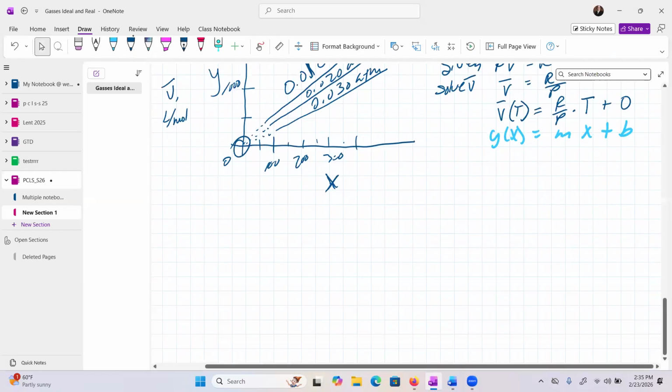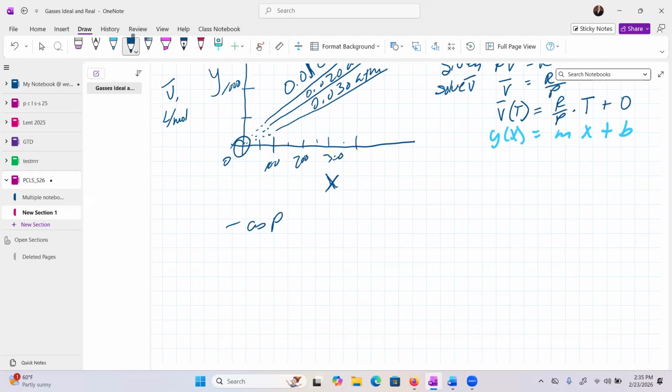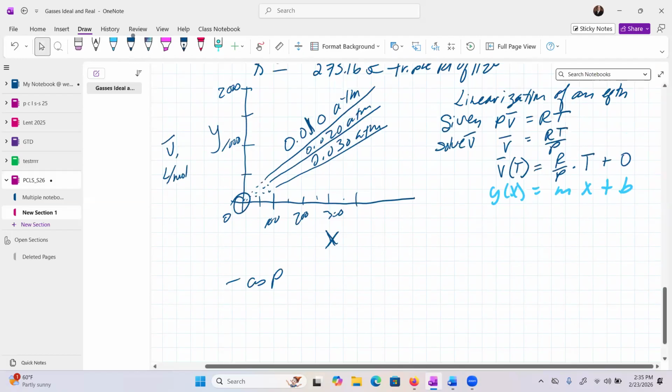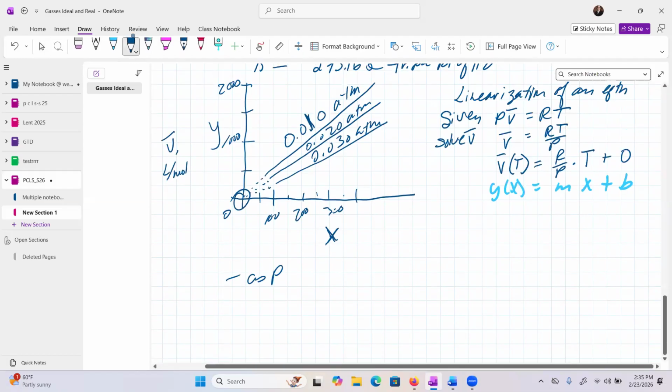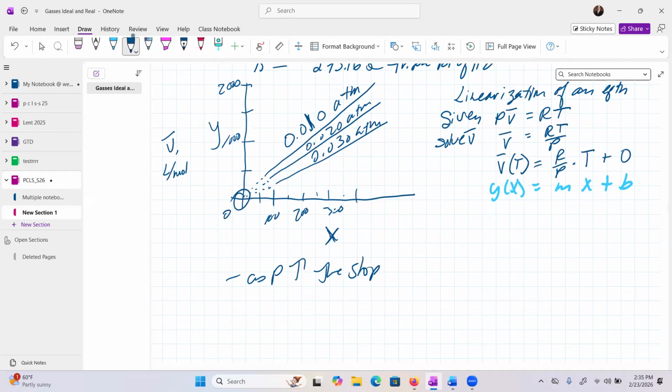Let me write these down for you. As the pressure increases, the slope decreases. We can look at that. As the pressure increases, the slope decreases. All lines extrapolate to 0 Kelvin.